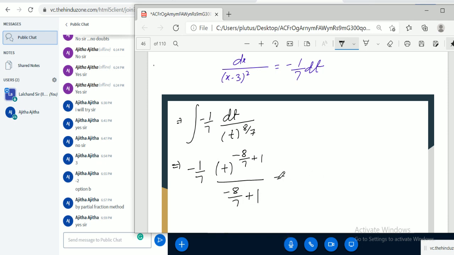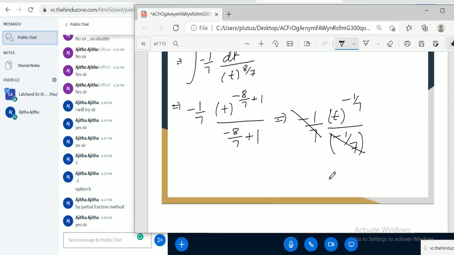Okay. So now finally we have minus 1 by 7. This will be t to the power minus 1 by 7, and this will be minus 1 by 7. So this minus 1 by 7 gets cancelled, and finally this is 1 upon t to the power plus 1 by 7.